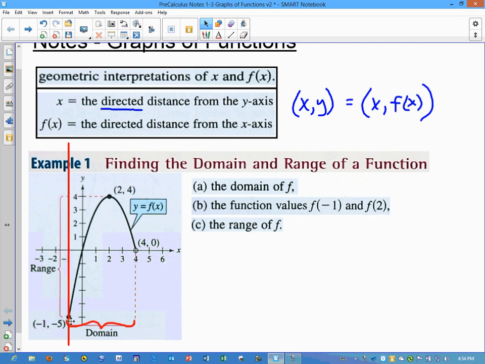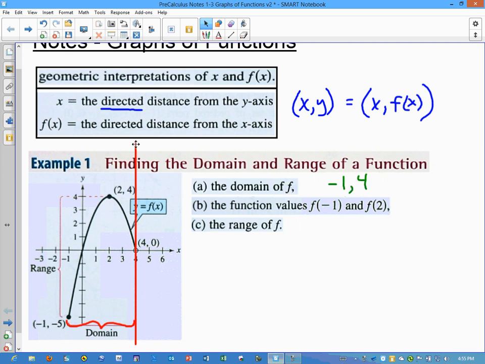So at -1, this is the point where our graph begins, and then as we sweep along to the right, we have a graph until we get to this last point where our graph exists. So our graph only exists between -1 and +4, and we're talking about x values here. So -1 and 4 are going to be the endpoints of my domain.